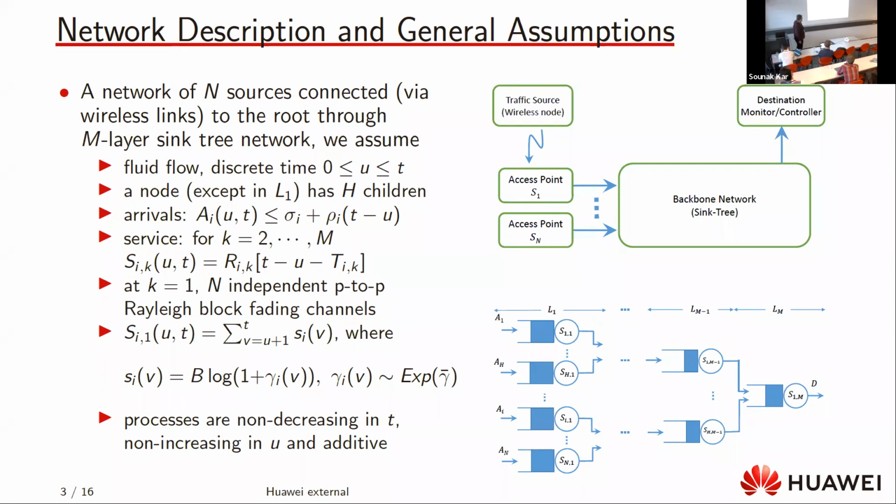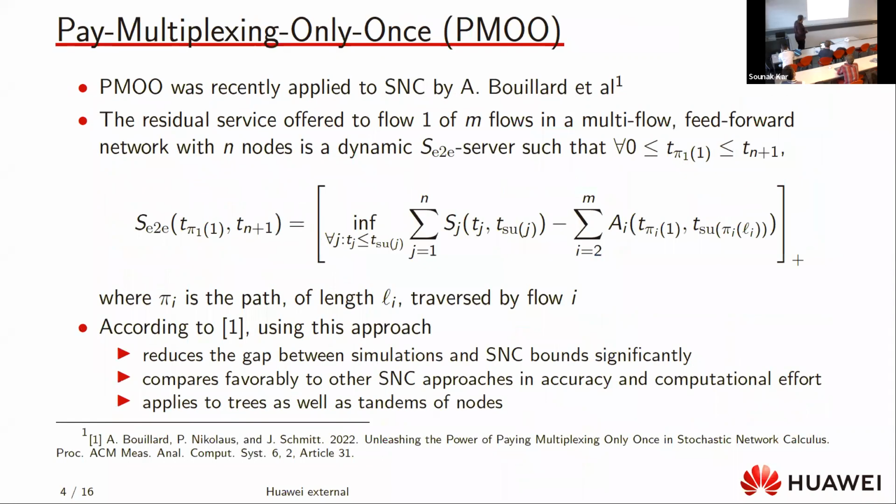To analyze this, I'm going to take a page from Paul's presentation earlier. We're going to use pay multiplexing only once, which was recently applied to stochastic network calculus by the paper just presented half an hour or an hour ago. What it does is compute a residual service for flow 1.